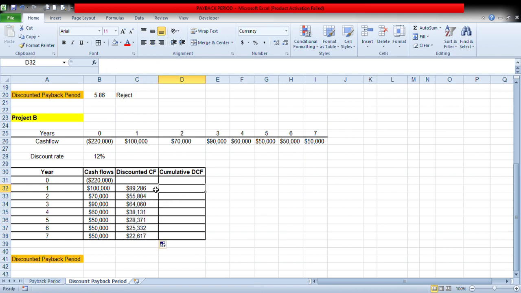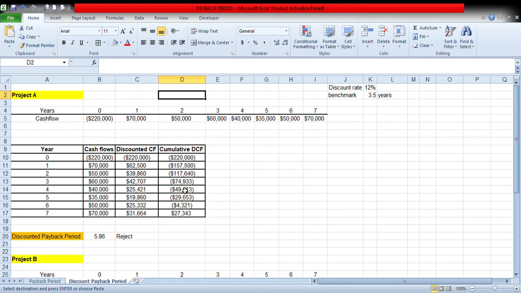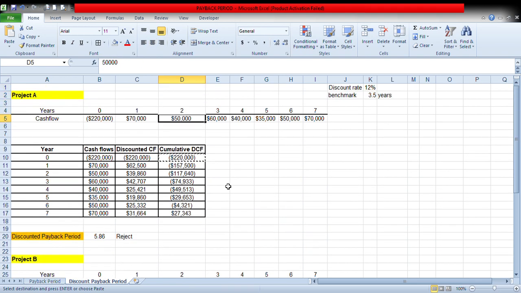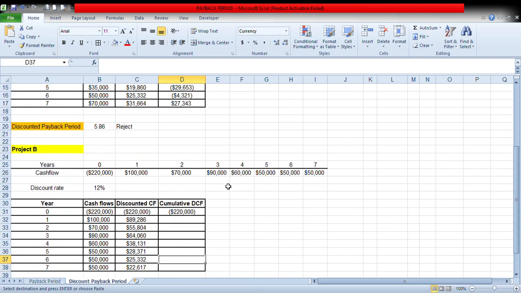The cumulative discounted cash flow is the same as we have here. Again, for the cumulative discounted cash flow we need to paste the formula and drag it down.